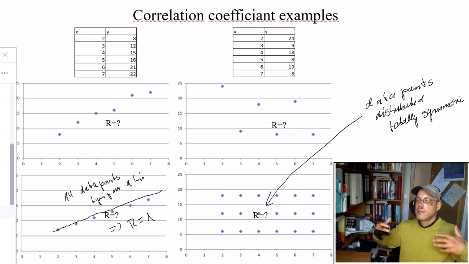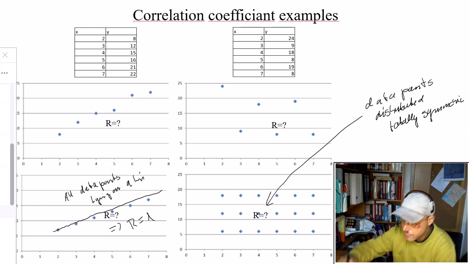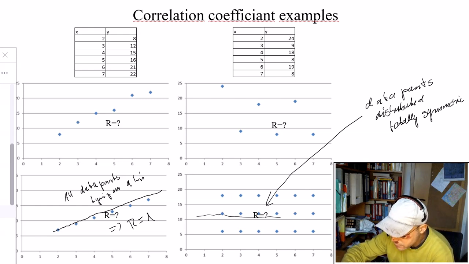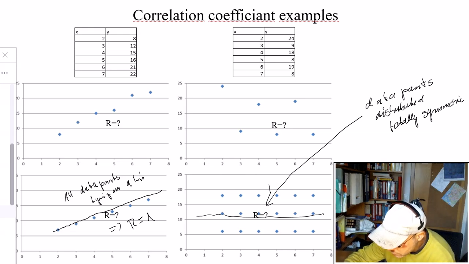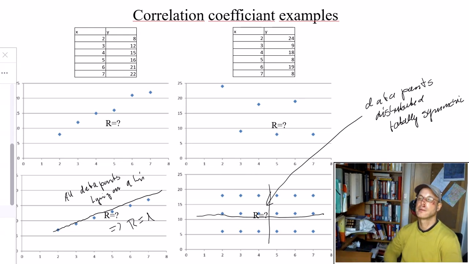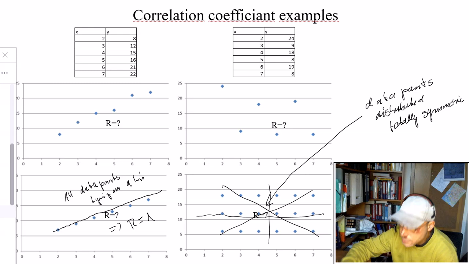So, where should I put my regression line? This seems a plausible candidate, but since it is totally symmetric, this could also be a candidate, or even this one or this one.